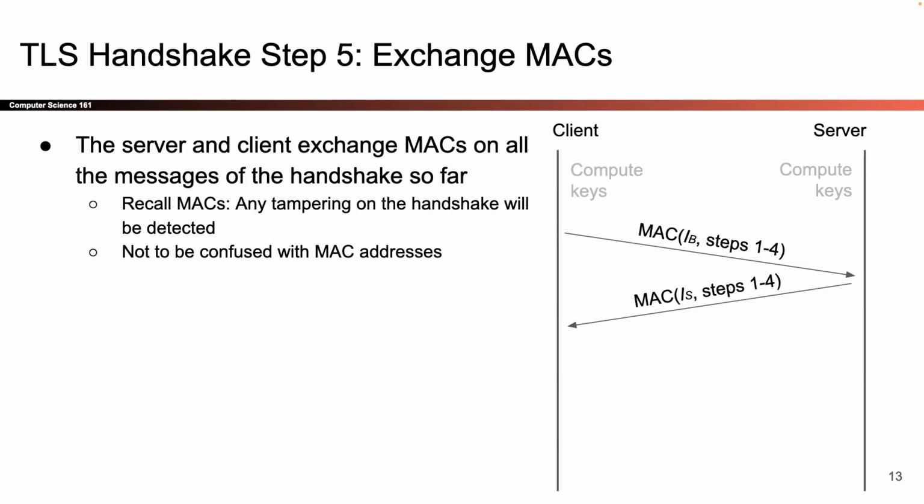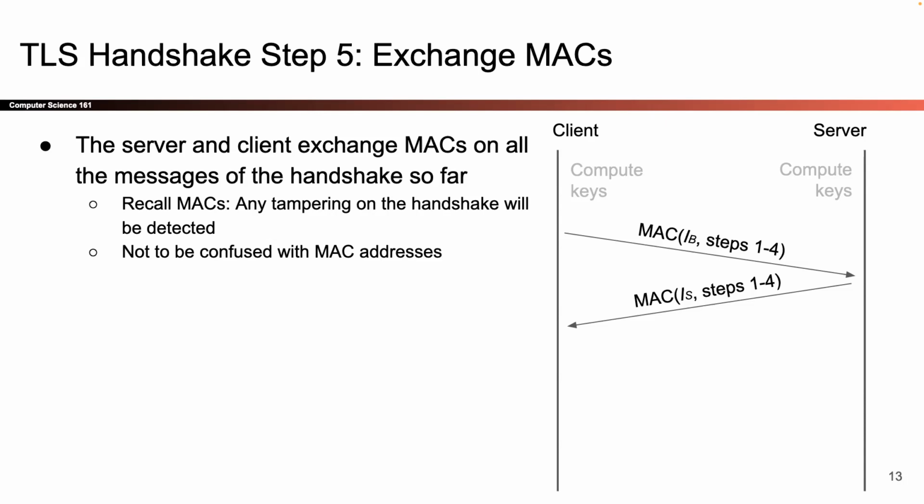If you're convinced by that, you can abstract away the exact way that this is being done and just remind yourself that the MAC helps me check if any of the things sent so far have been tampered with. If you want to be really pedantic, you can think about what specific key they would use and how they would regenerate the MACs to make sure that they check out correctly. But for the purposes of just seeing the handshake for the first time, I think it's good enough to just say the MACs are a way to make sure that nothing has been tampered with so far.